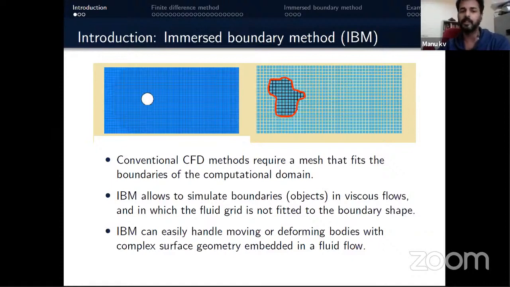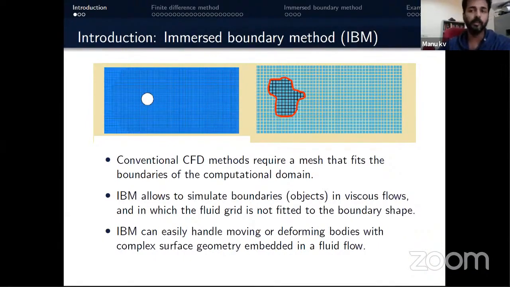Unlike a conventional CFD method, which requires a mesh that fits the boundary of the computational domain, IBM allows us to simulate boundaries on a Cartesian grid itself. It can easily handle moving objects and deforming objects, and also extremely complex geometry embedded in the fluid flow.